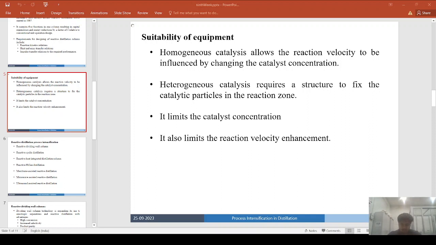Now I wanted to discuss the application of computational fluid dynamics. How will computational fluid dynamics help in these scenarios? The application of computational fluid dynamics programming, in combination with rigorous rate-based process simulation, can be assessed.